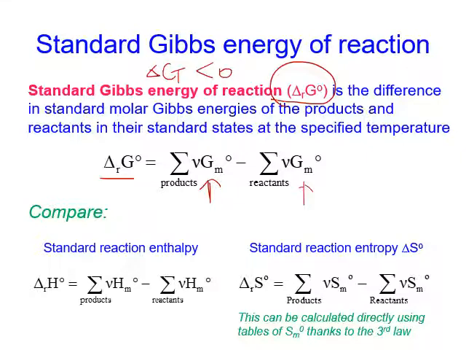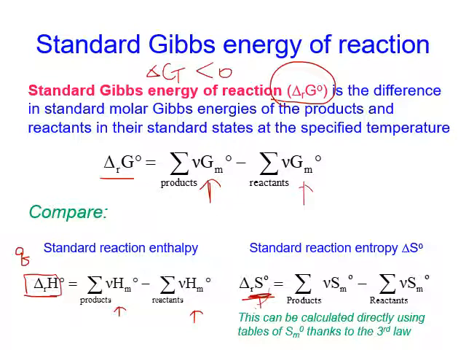Now, this idea is similar to the way we define the standard enthalpy of reaction, which is the standard enthalpy of products minus reactants, and the standard reaction entropy, which is the standard entropy of the products minus the standard entropy of the reactants. The standard reaction enthalpy is used to calculate heat, and the standard reaction entropy is used to predict the spontaneity.